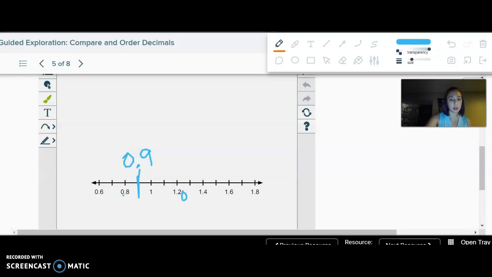Remember, I could add zeros if I wanted to, so 20 and 40. This one would be 30, so 25 would go right there. And then the other one would be right on that 1.4. So that can help me then say, oh, least to greatest, I have the order right here. Or if they ask greatest to least, then the reverse. So that's how a number line can be helpful.